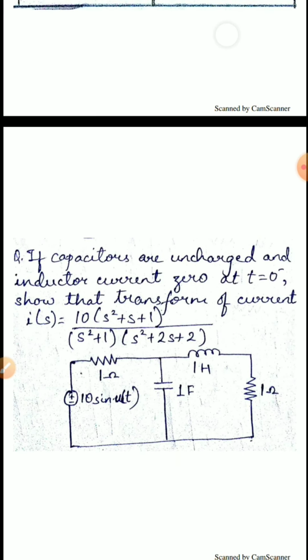If capacitors are uncharged and inductor current is 0 at t equal to 0 minus, show that the transform of current I of S is equal to 10 into S square plus 1 plus S plus 1 upon S square plus 1 into S square plus 2S plus 2.